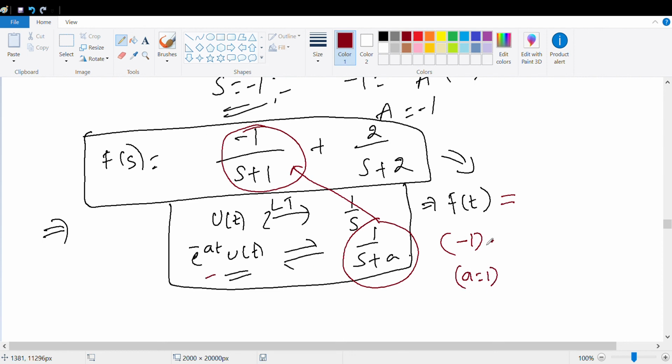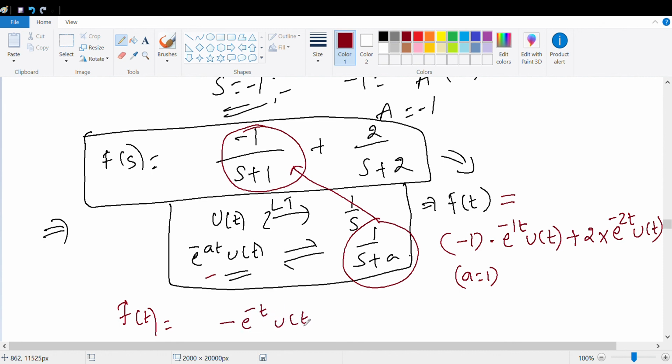So how much will it become? e power minus 1 times t u of t. In the same way, 2 into, here in the place of a we have 2, so it is e power minus 2t u of t. Therefore our time domain function f of t is e power minus t u of t plus 2 into e power minus 2t u of t.